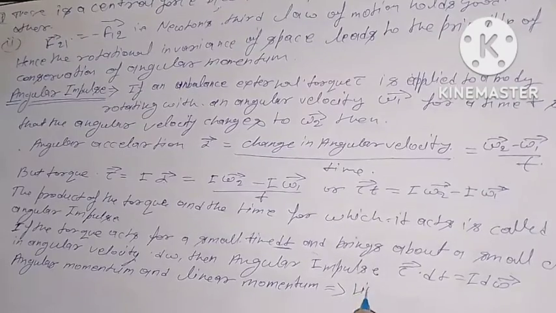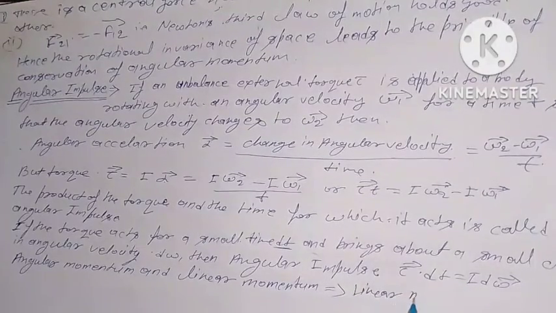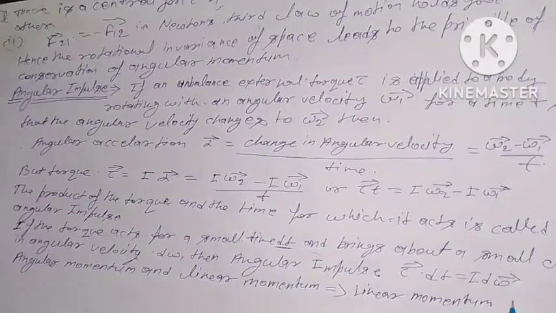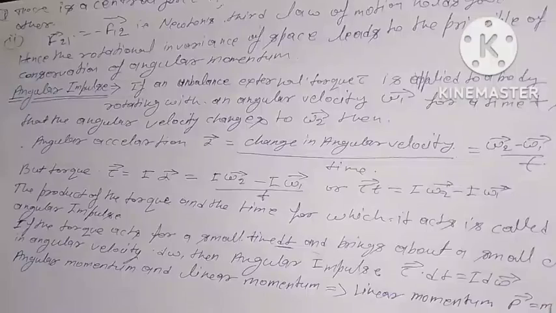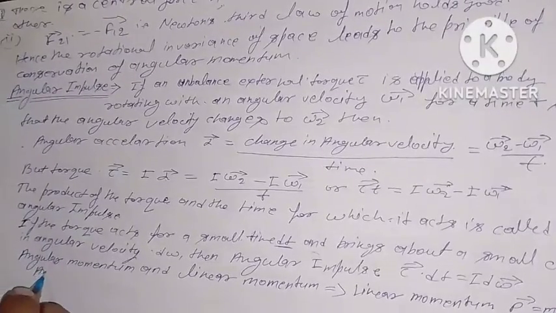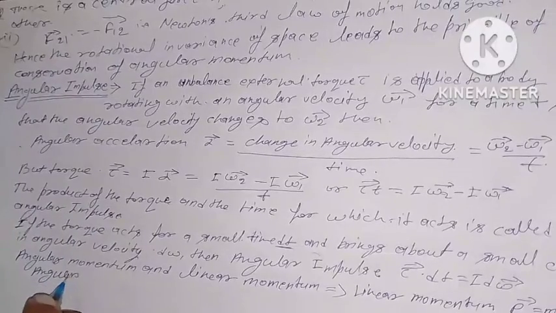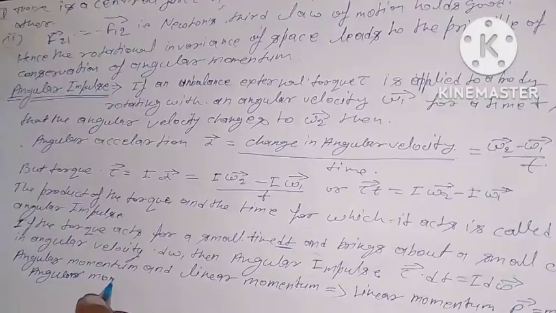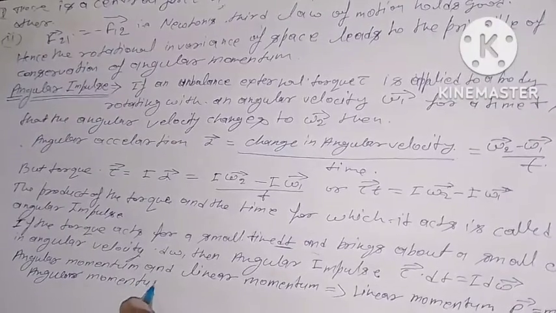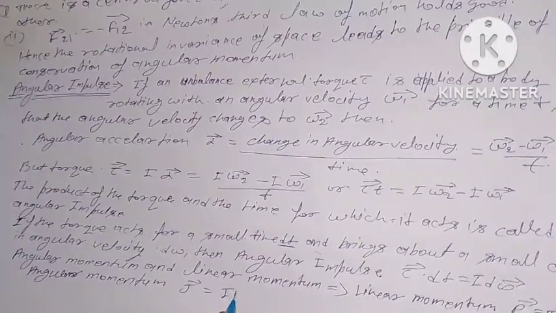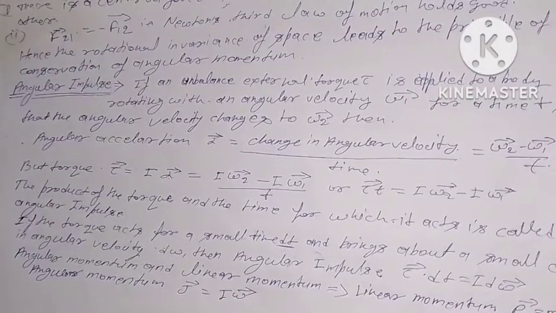Linear momentum vector p equals m vector v, and angular momentum vector J equals I omega vector.